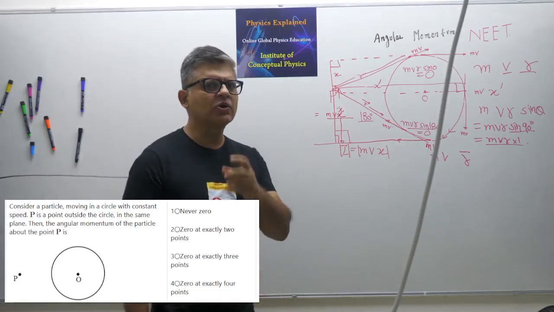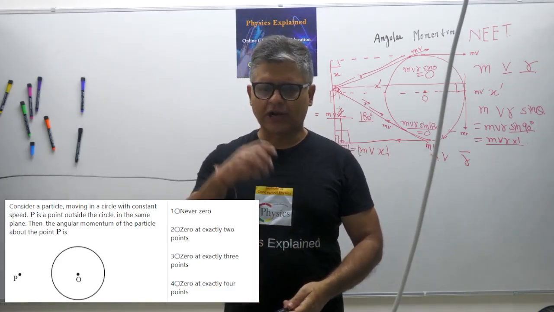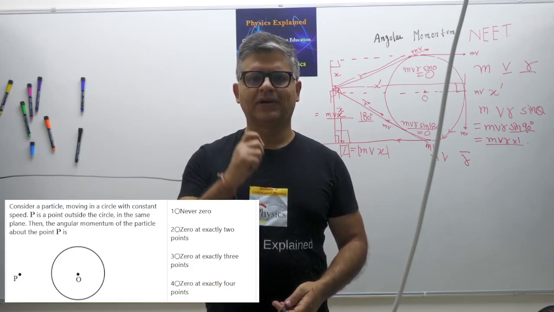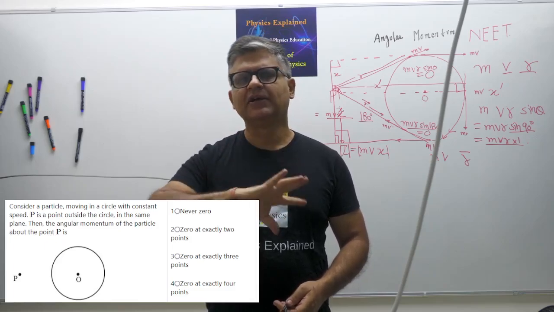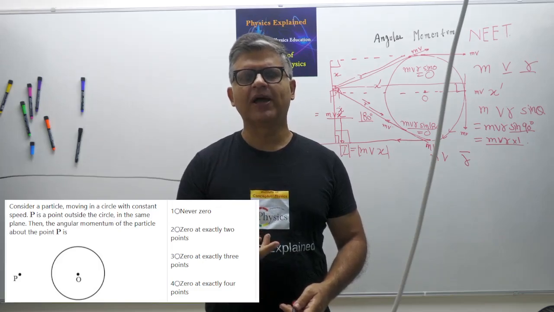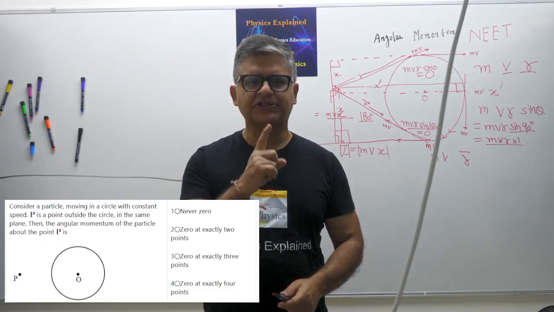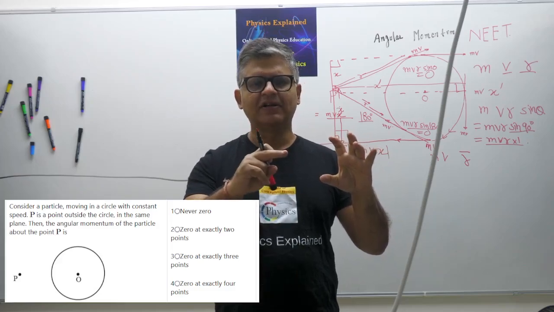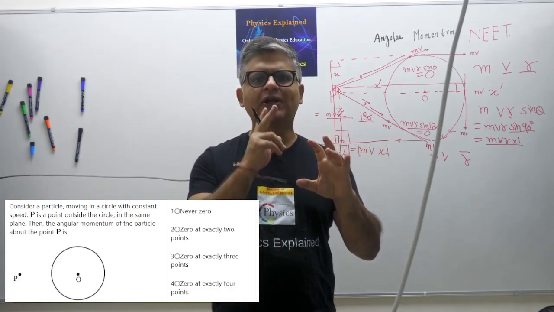The lesson learned is, whenever you're attempting angular momentum problems with a point mass, and you're supposed to calculate what is happening to the angular momentum, always concentrate on the directions: the direction of the linear momentum and the vector which is drawn from the point about which the axis is taken, perpendicular to MV.